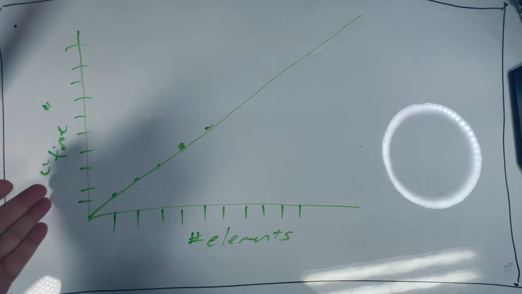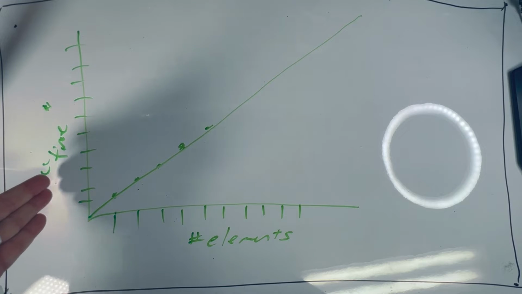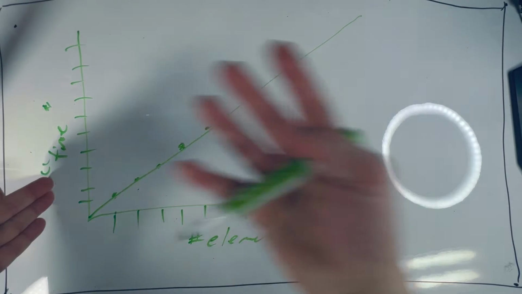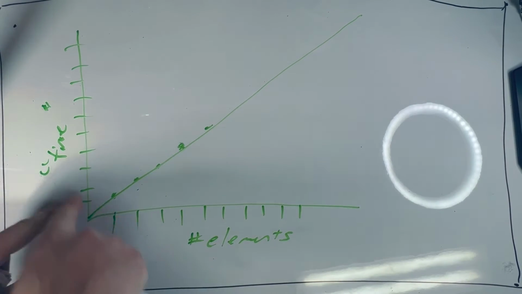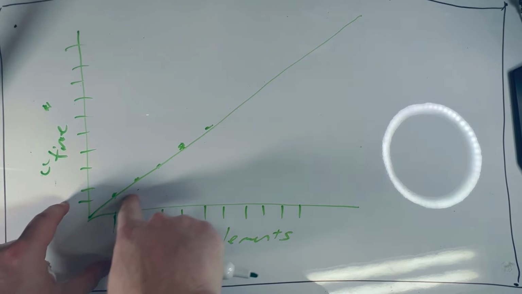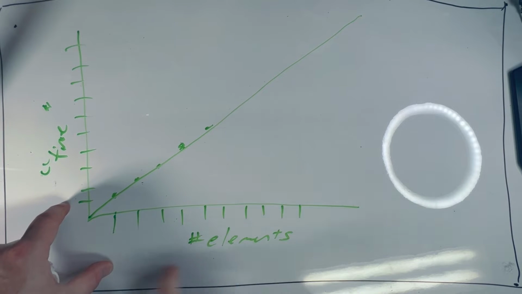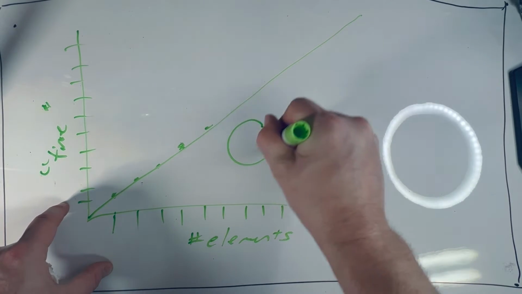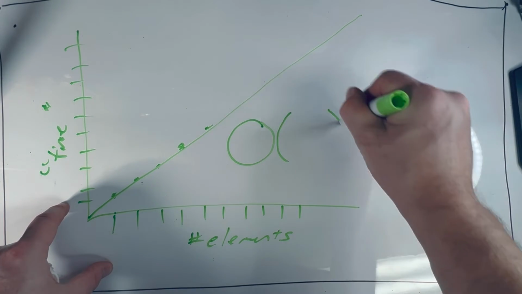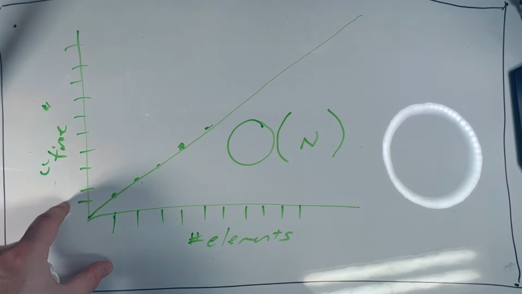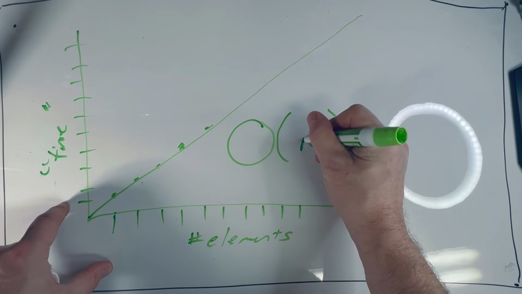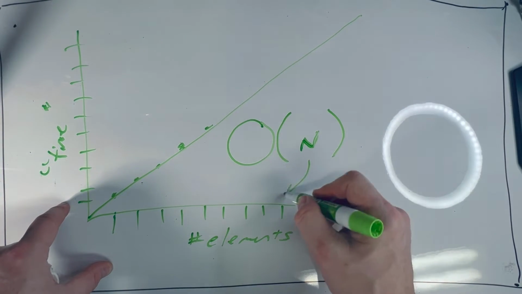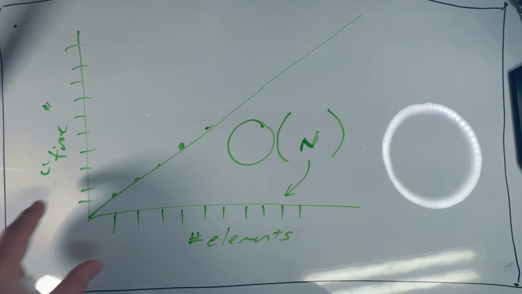So the worst case scenario amount of time taken to do this scan and search operation is linearly related to the number of elements. That is expressed in big O notation like a little n. Big O, n. Where n is a representation of the number of elements in the collection.